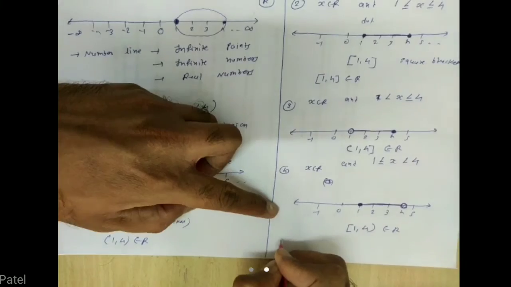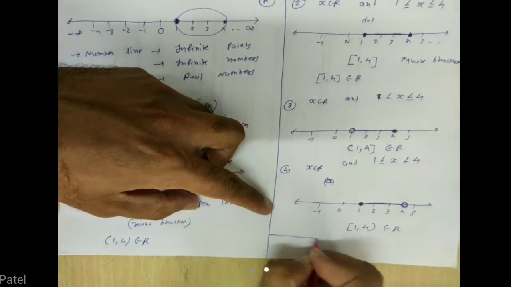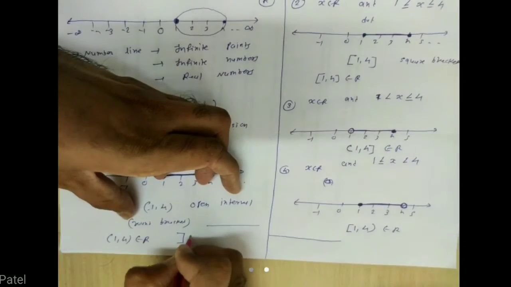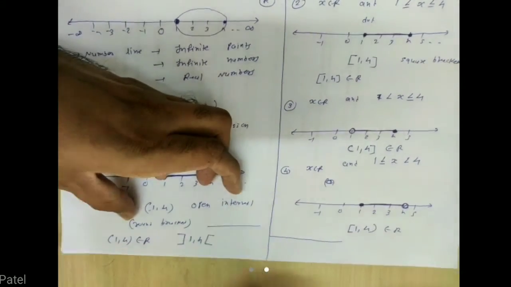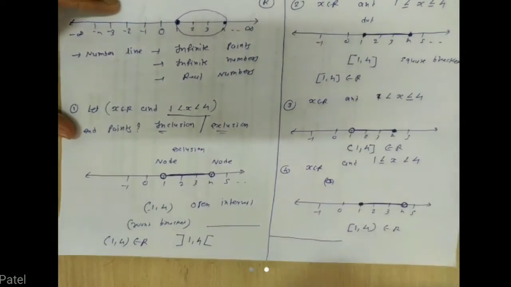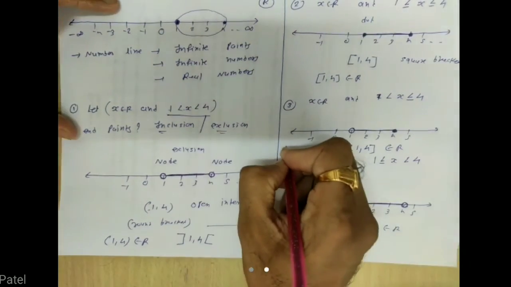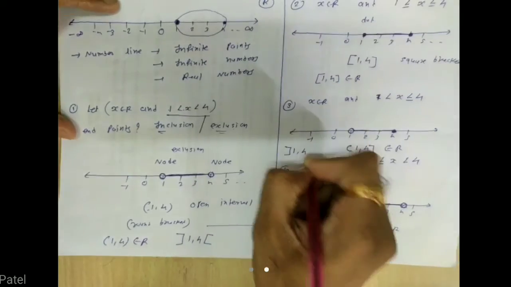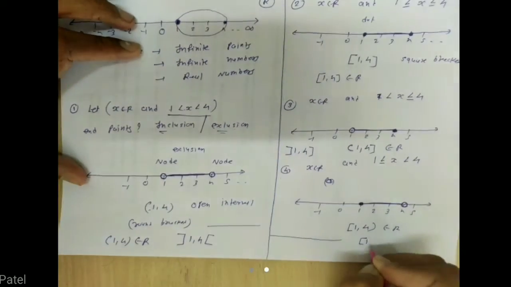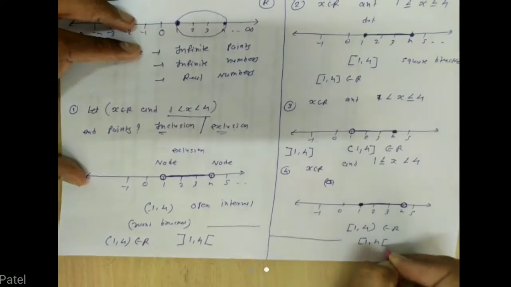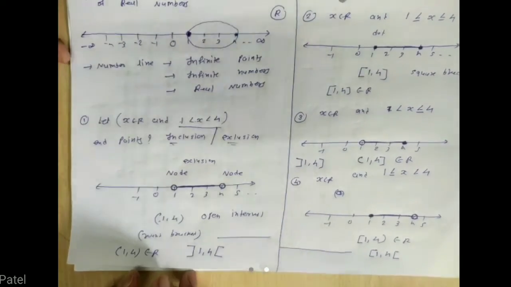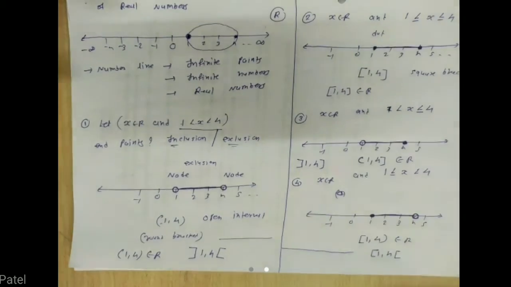Suppose this is (1, 4), तो इसको स्क्वायर ब्रैकेट करके, उल्टा कर दिया है ना, ऐसे भी रिप्रेजेंट करते हैं. सपोज यहाँ पर आपको लिखना है ओपन इंटरवल 1 क्लोज इंटरवल 4. सिमिलरली क्लोज इंटरवल 1 ओपन इंटरवल 4, ऐसे लिखते हैं. So these are the intervals which are subsets of real numbers.